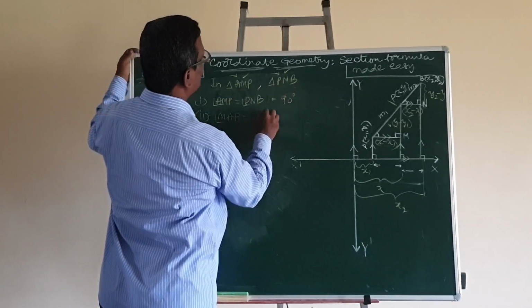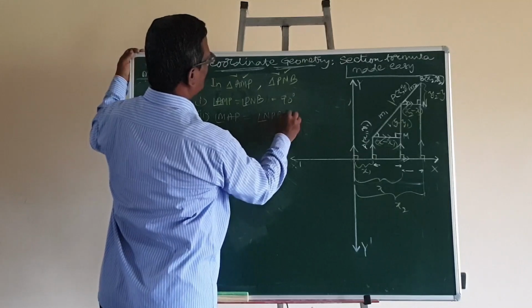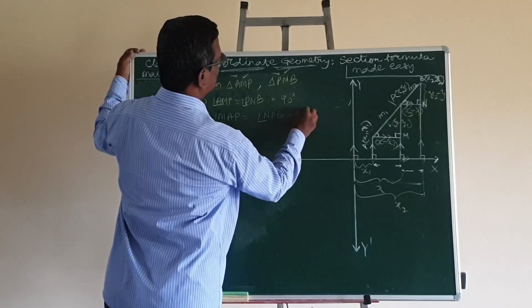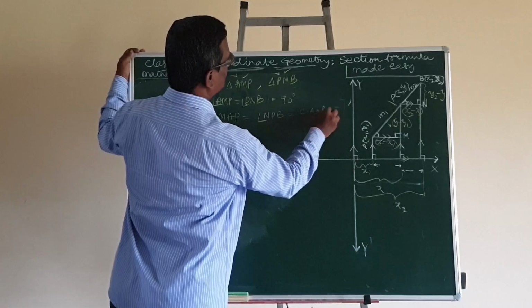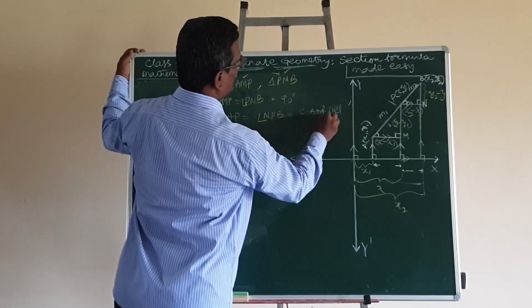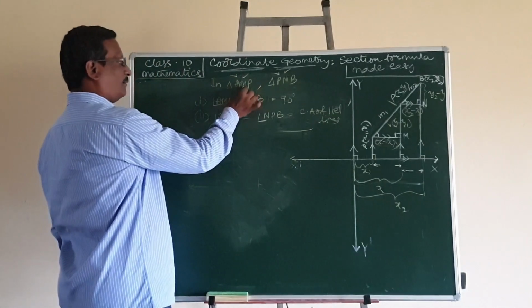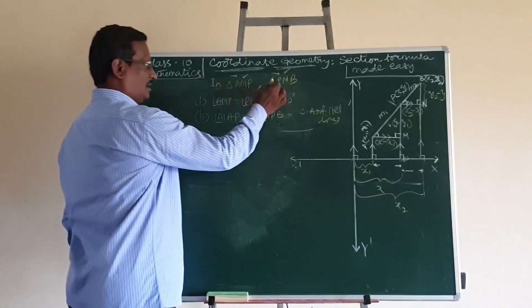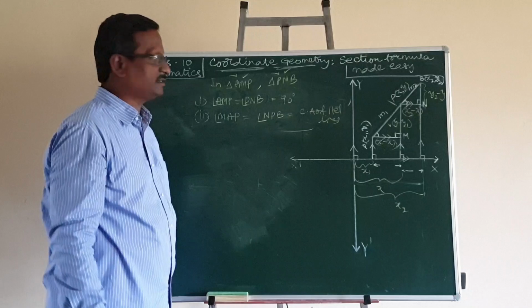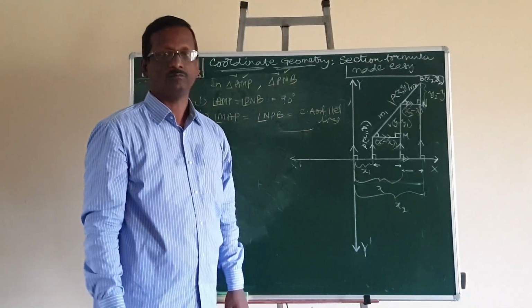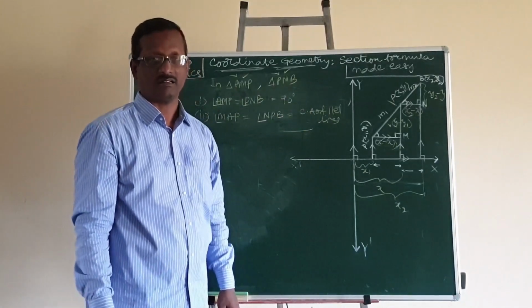Here angle NPB, the two acute angles, are corresponding angles of parallel lines. Here the first angle and second angle of triangle AMP are respectively equal to the first angle and second angle of triangle PNB. Therefore, the two triangles are similar.